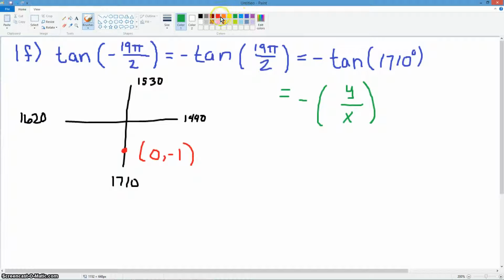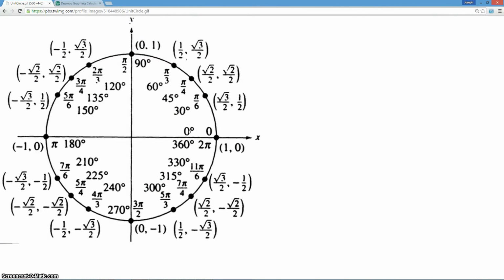All right, well, let's figure it out. So let's not forget our negative. What is the y coordinate at this point? It's -1 over x, which is 0. Let's say -1 divided by 0 in our calculator.